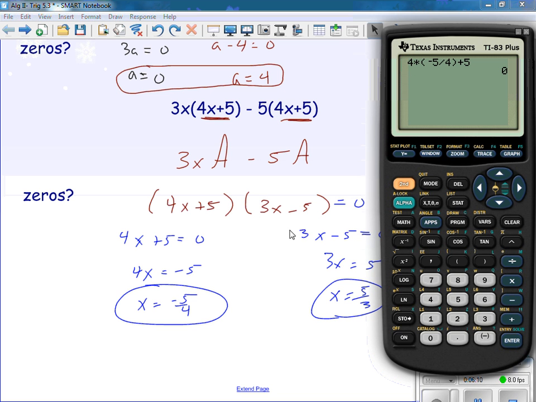On the other side, 3 times negative 5 thirds minus 5. I made a mistake. It wasn't negative, it was positive. I get 0. Since they're both 0, they're fine. Any questions on this piece or this piece, finding the zeros?